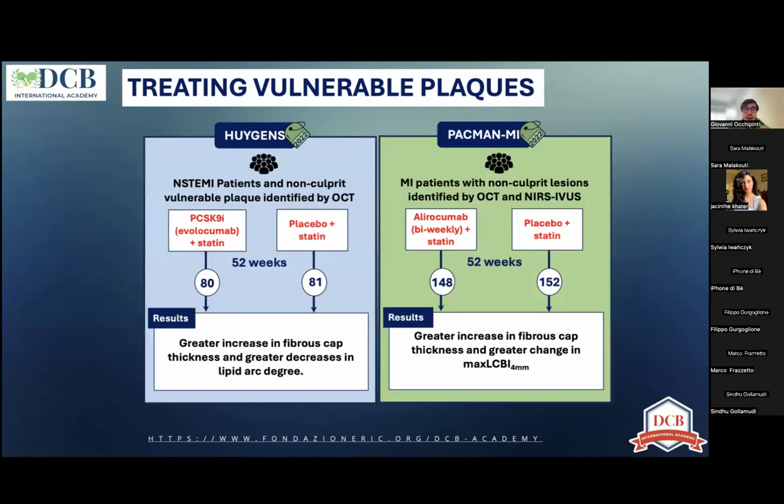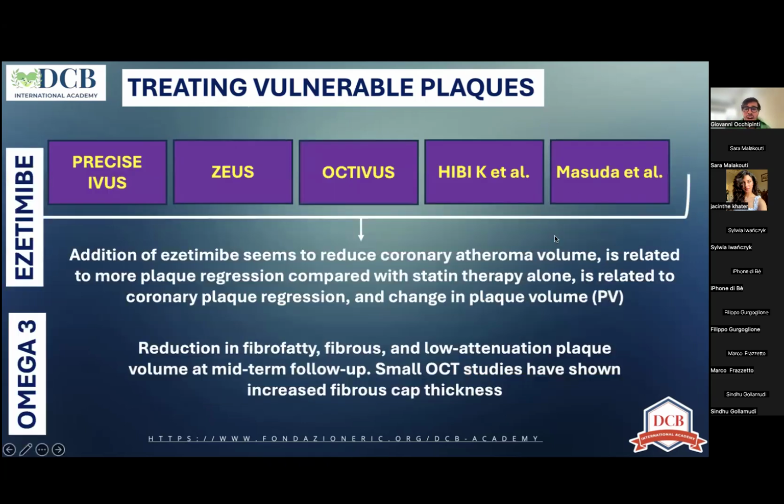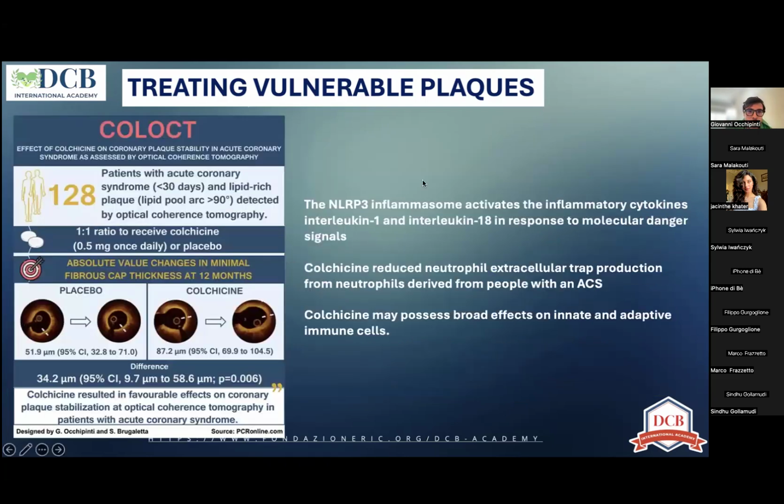More importantly, other than the statins, an important result has been obtained by the use of PCSK9 inhibitors with the HUYGENS and the PACMAN-MI. Other studies have investigated the role of ezetimibe and omega-3 with no clear result.